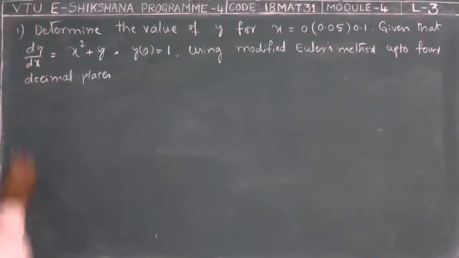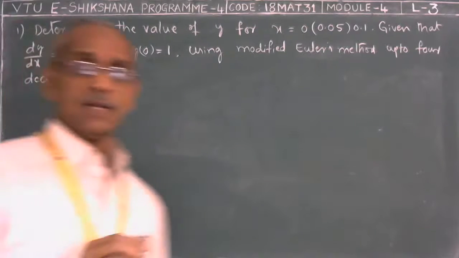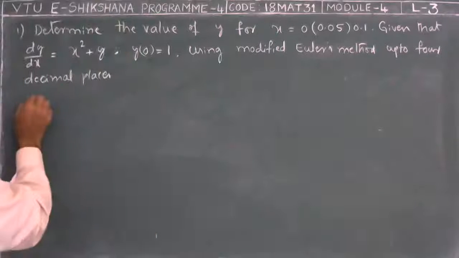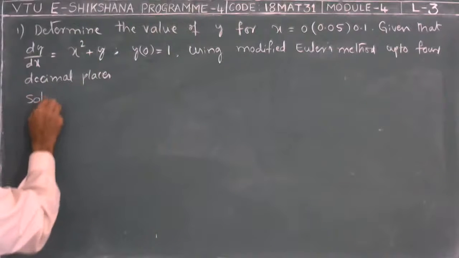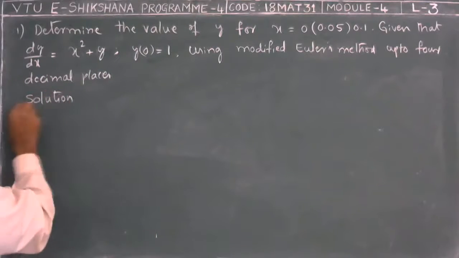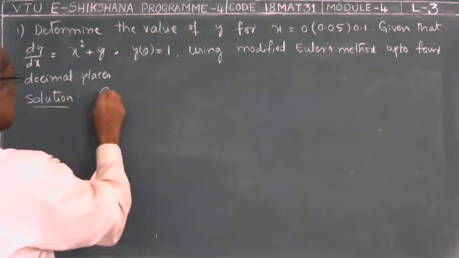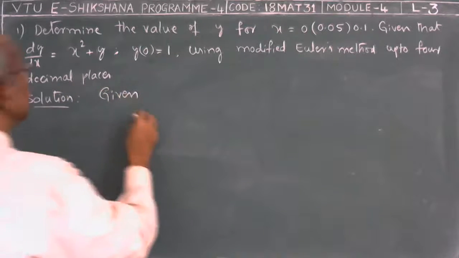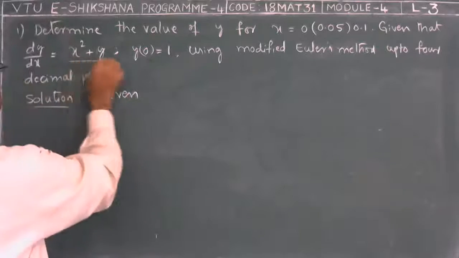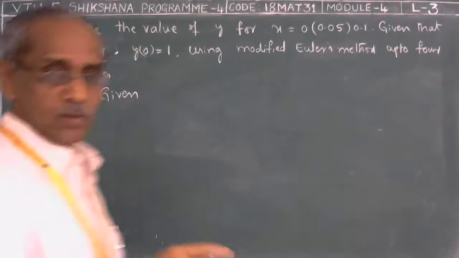Now let us first write down the data given in the problem. So in the solution part, let us write what is given here. dy by dx is equal to f of x comma y.